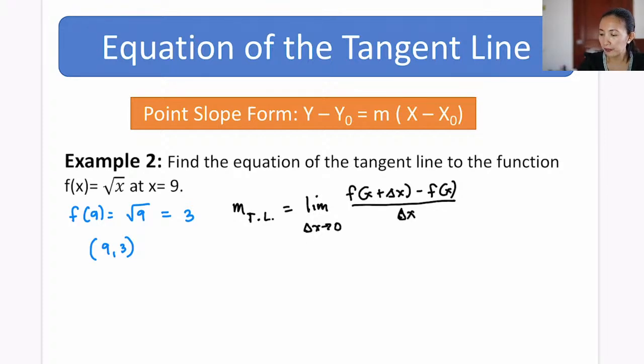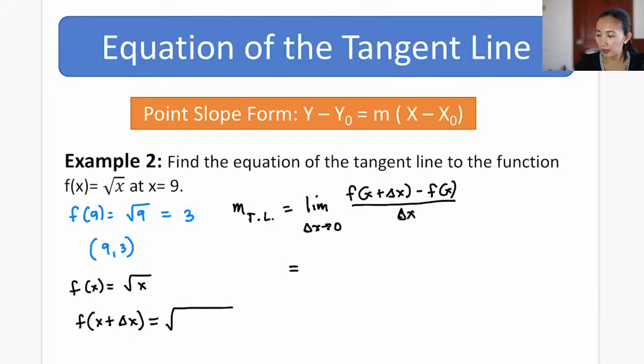If your f of x is equal to the square root of x, then what is f of x plus delta x? Just substitute, replace x with x plus delta x. So, square root of x plus delta x.